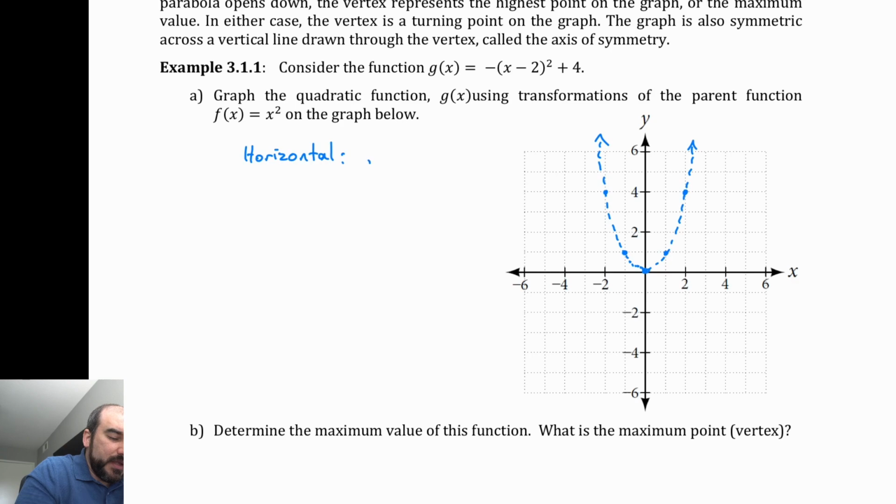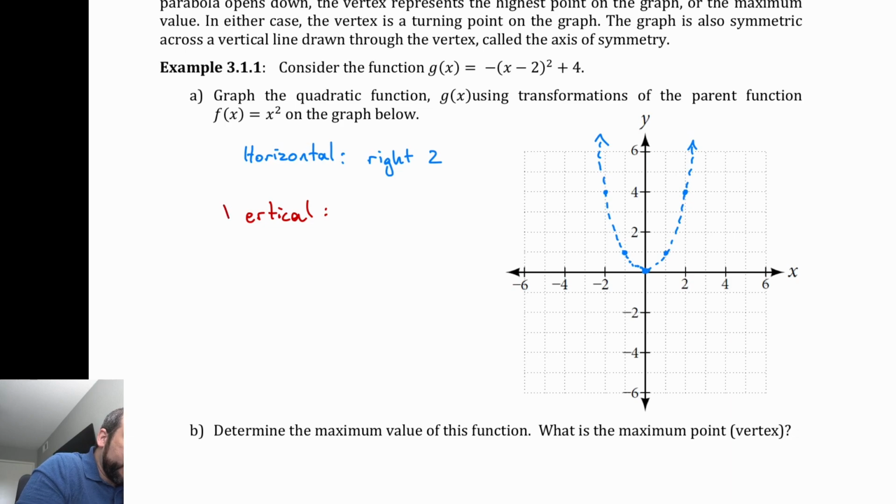The right. Yes, we have a right shift, and that's the only thing that's a horizontal transformation. The negative sign out front and the +4 are going to be vertical transformations.